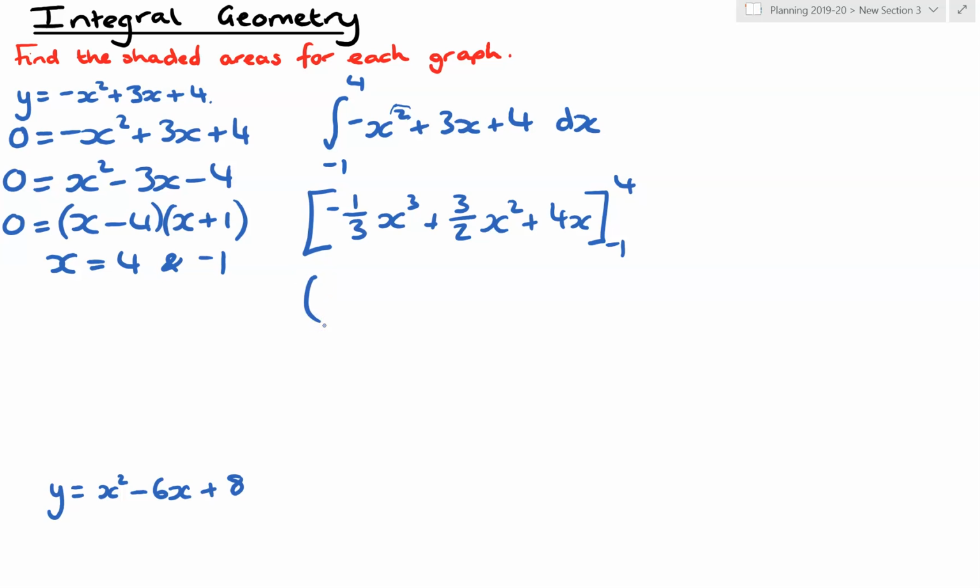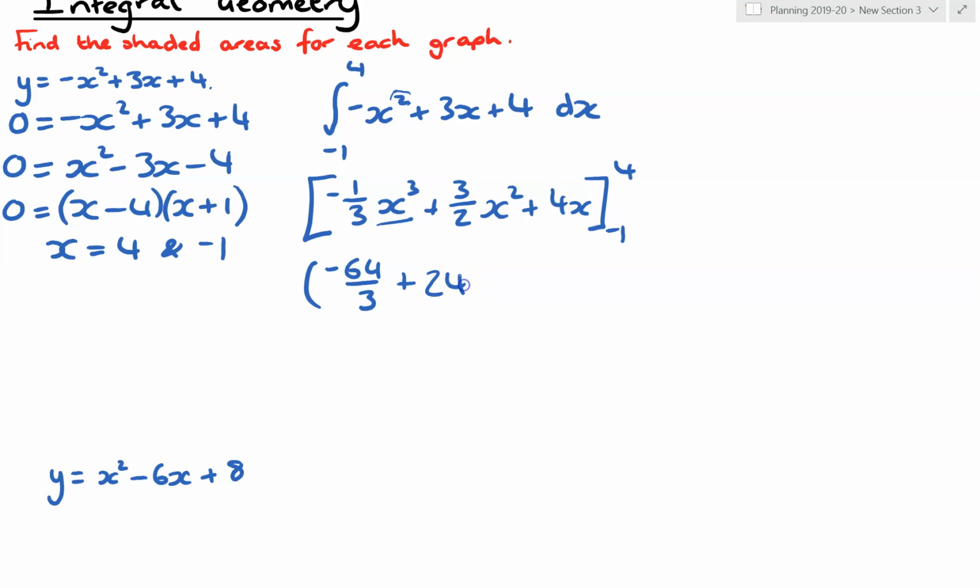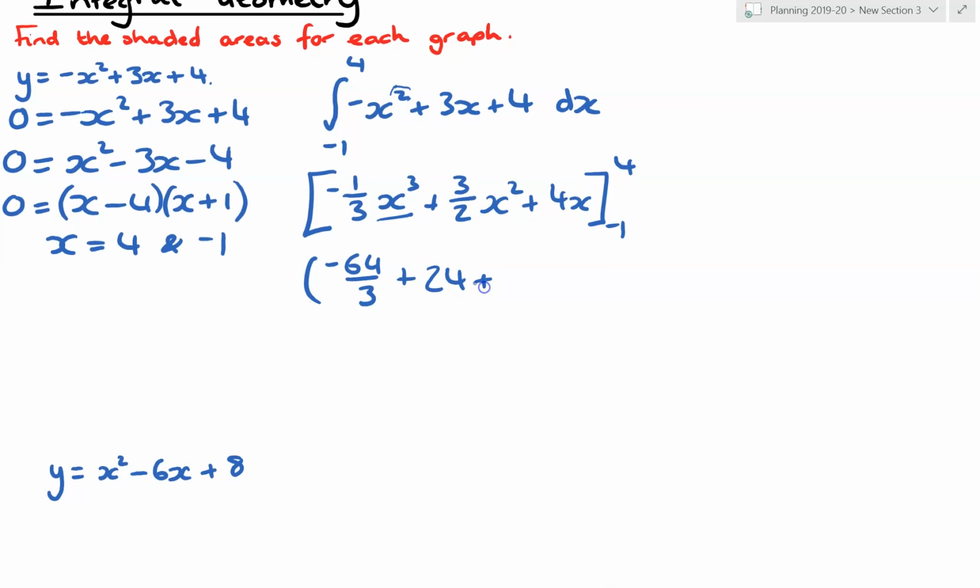If you substitute the 4 in, you're going to get 4 cubed is 64, so -64/3, plus 4 squared is 16, times 3 is 48, divided by 2 is 24, and 4 times 4 is 16.